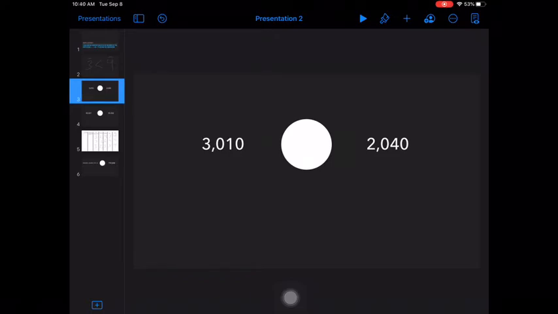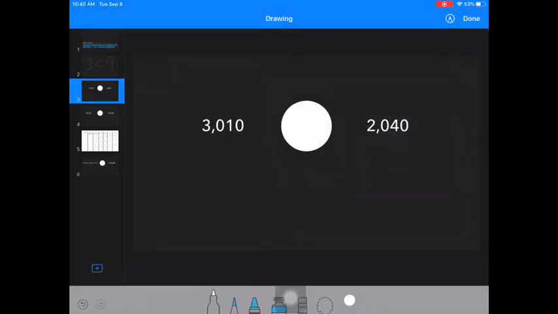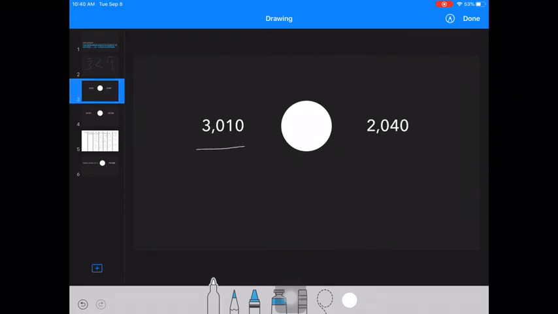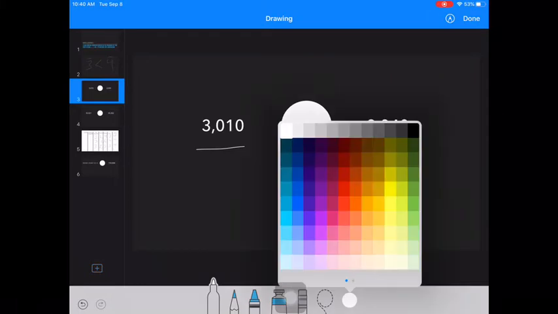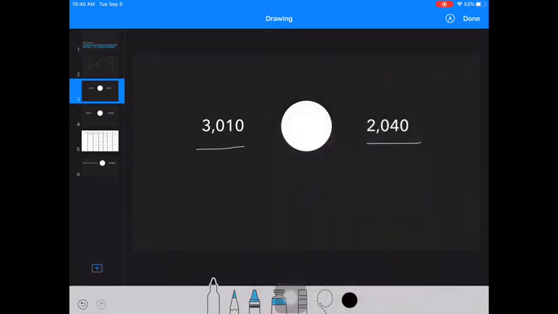So the number on my left side here is 3,010, and the number on the right side of this circle is 2,040. In the circle here, I'm going to put my symbol. Which way is the open end facing? Is it facing towards 3,010 or 2,040? Well, what number's bigger? We have 4 digits in each number.